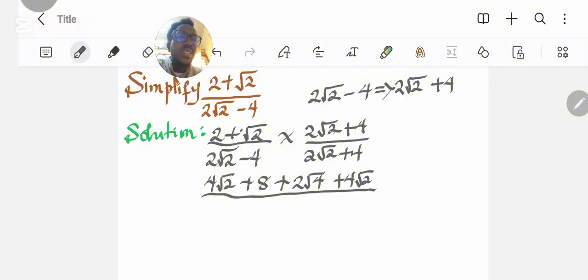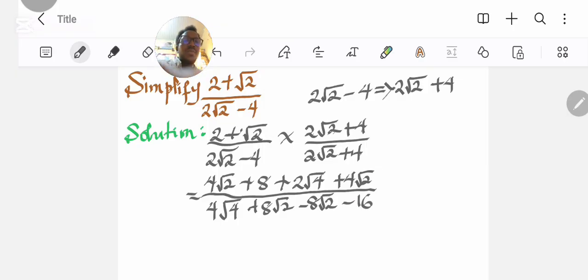All over, the same thing here: 2 times this 2 is 4, root 2 times root 2 is root 4. 2 root 2 times 4 here is going to give us 8 root 2. Minus 4 times 2 root 2 is going to give us minus 8 root 2. Minus 4 times 4 is going to give us minus 16.